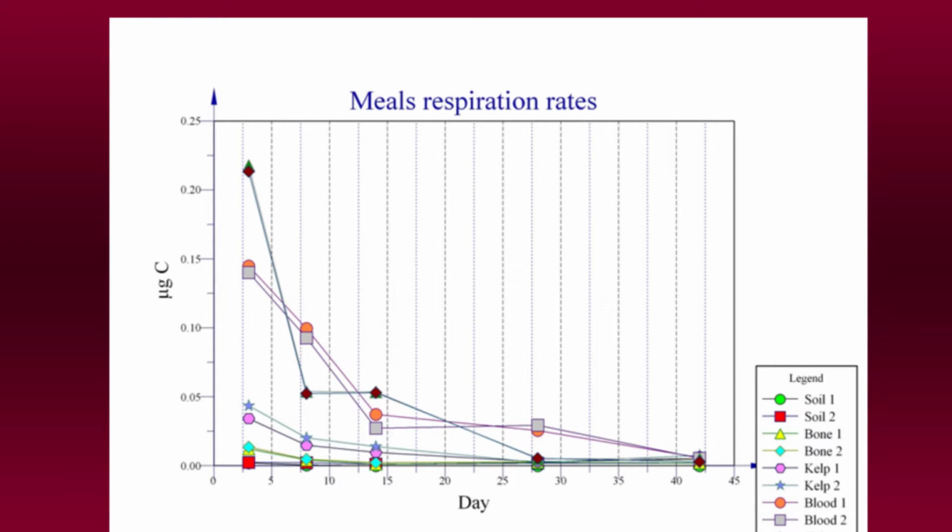And then we come up to these two, I think are kelp, and then up to bone meal, kelp meal, blood meal, and then fish at the top. So most of the decomposition in these materials, except the bone meal and the soil control, happens very quickly. So you have to be careful how you use those things in the early part of the growing season.